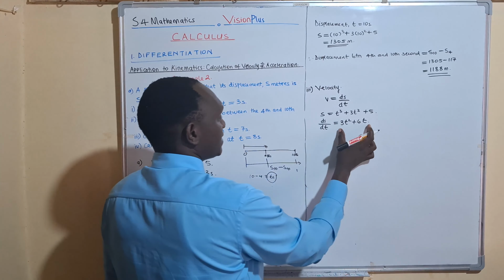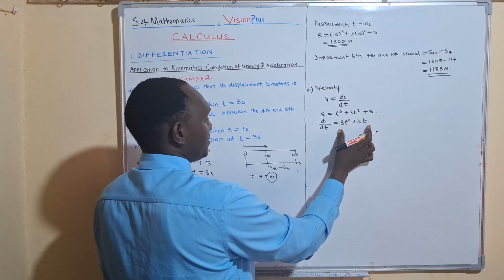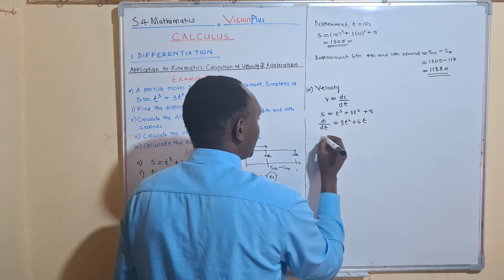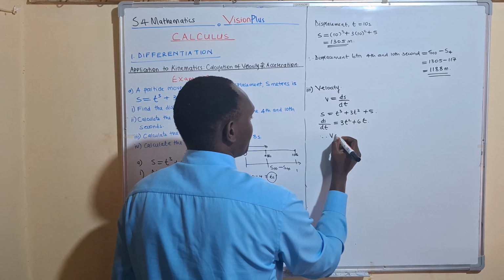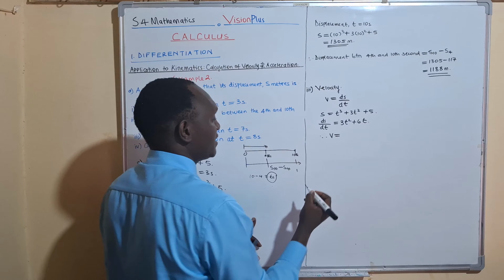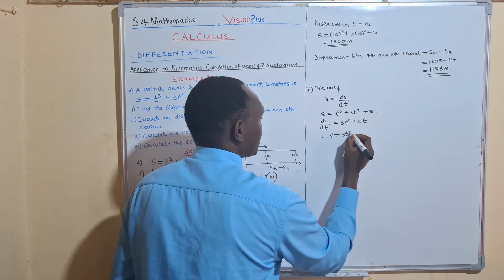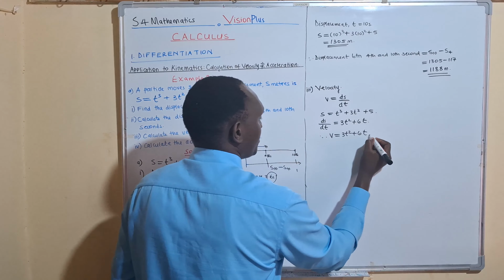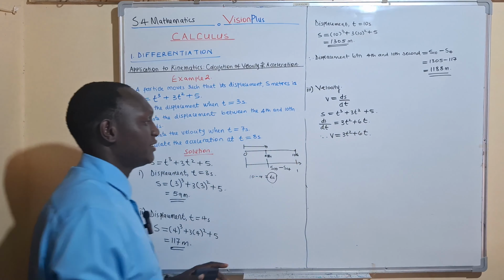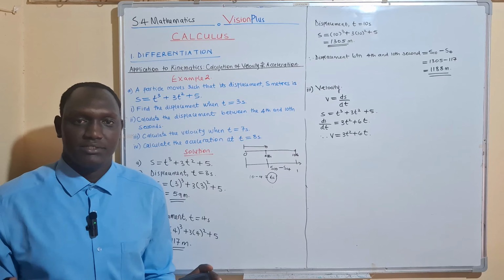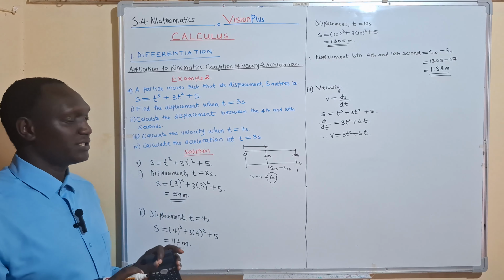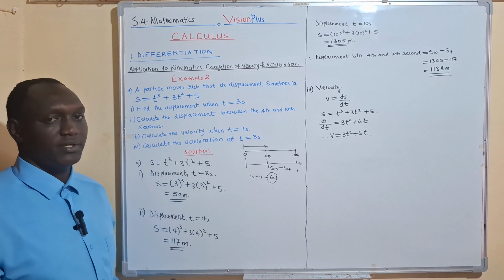Okay, this is the rate of change of displacement. Therefore, it means our velocity, which is the rate of change of displacement, is 3t squared plus 6t. This is the expression for the velocity at any time t. If you want to get the velocity at any time, this is the expression.